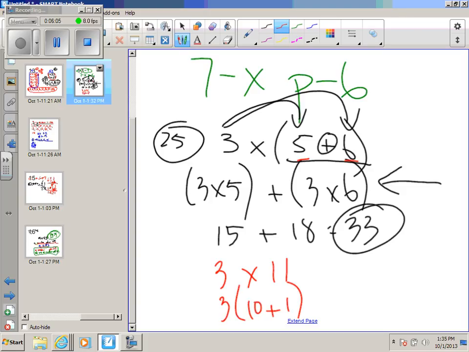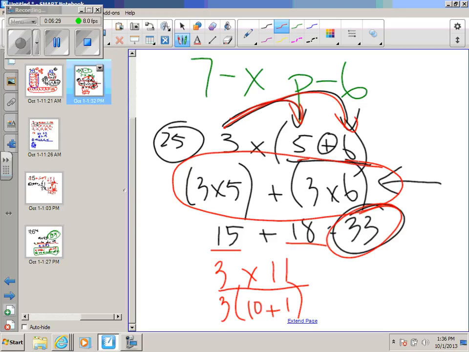I won't be able to know if you got your 33 because you actually added the 15 with the 18, but you better be able to show it. So whether it was easy for you to just take 3 times 11 and get 33, you still need to show evidence of the distributive property. Okay, are we clear?